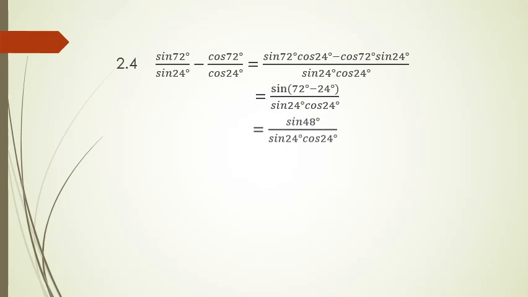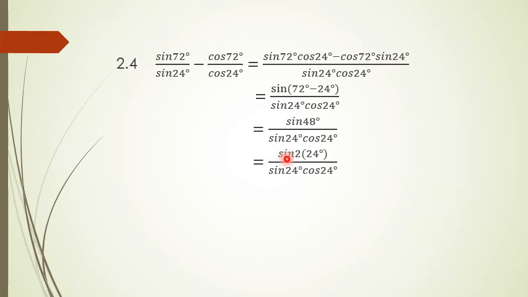Simplifying, that gives us sine 48 degrees all over sine 24 degrees cos 24 degrees. And observing that 48 is twice 24, we rewrite 48 as 2 times 24 so that we can use the double angle formula.